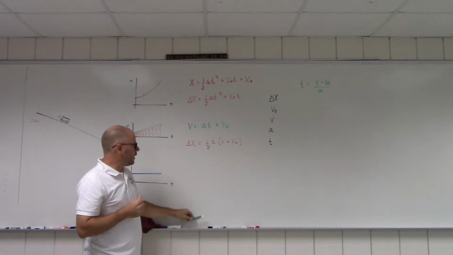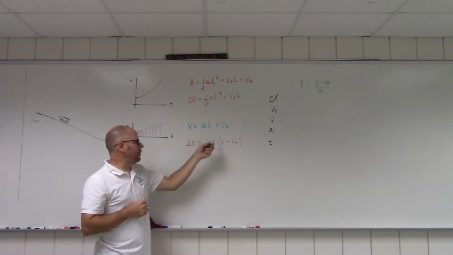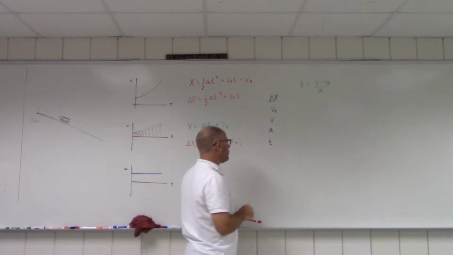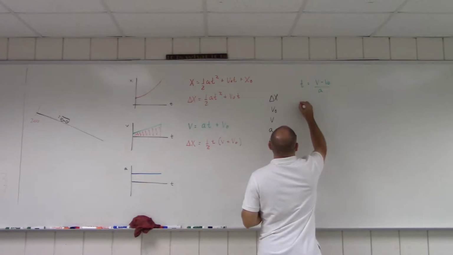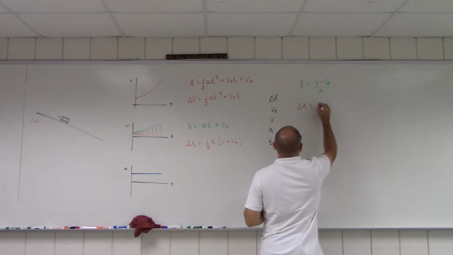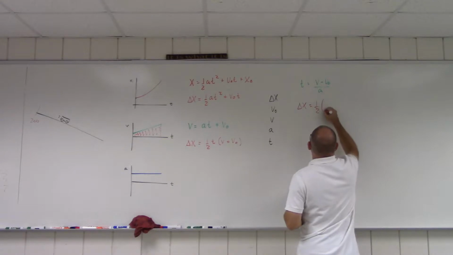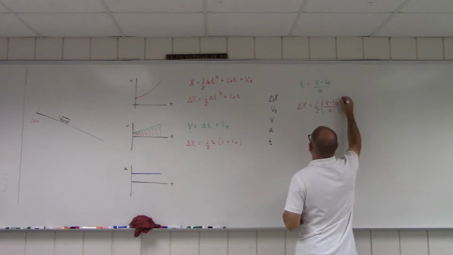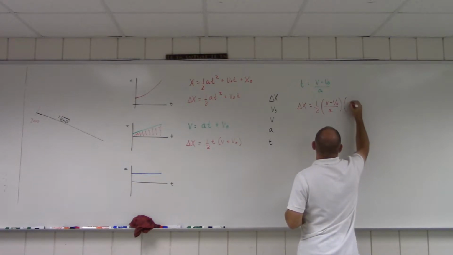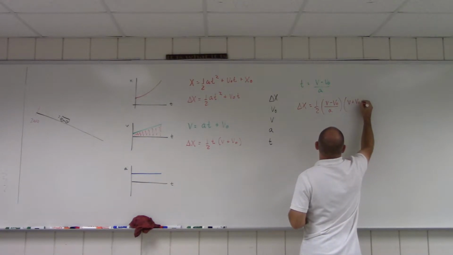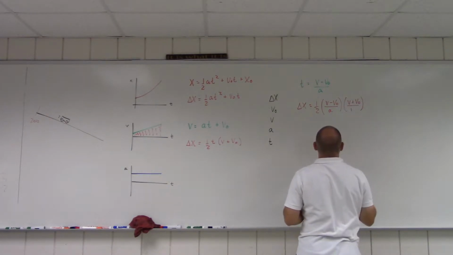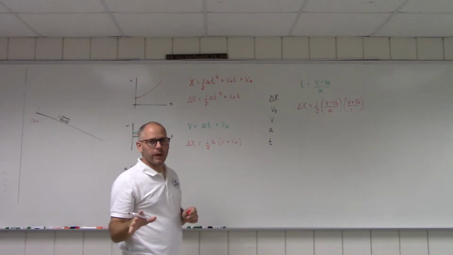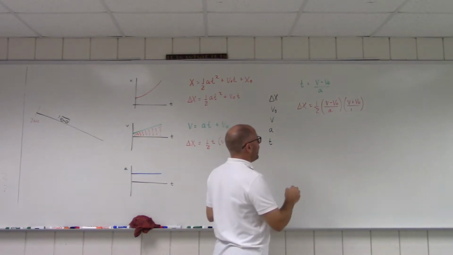Now what I'm going to do is I'm going to take that and I'm going to substitute that time into here, and let's see if we can't get something interesting. So from here, now we're just doing an algebra problem, which is not a big deal, but let's see if we can't make it happen.